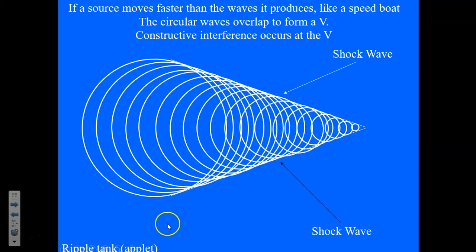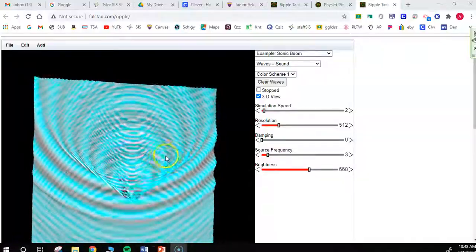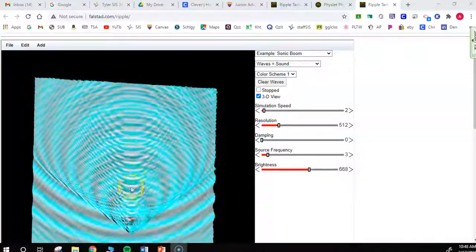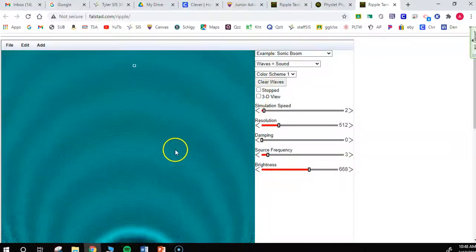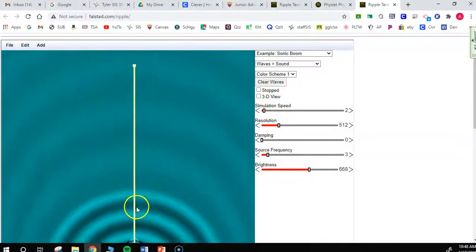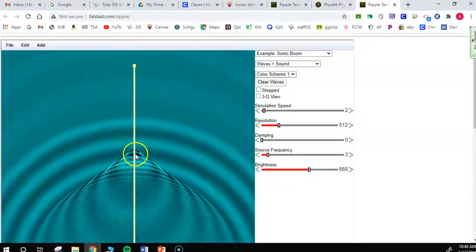So let me pull up the applet for that. Okay, so this is what that looks like in kind of a 2D view here. What we can see is this is the source of the sound, or the source of the wave.